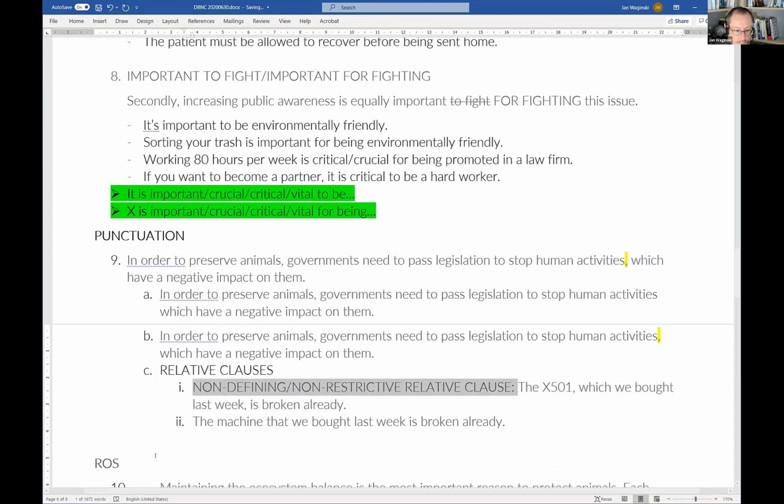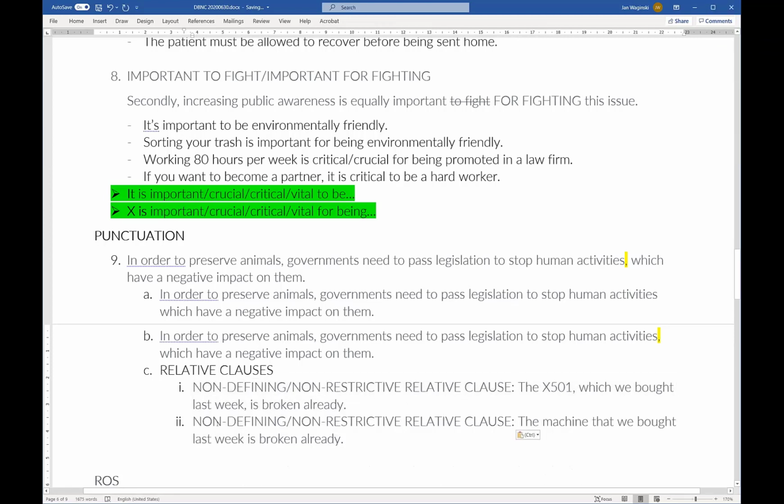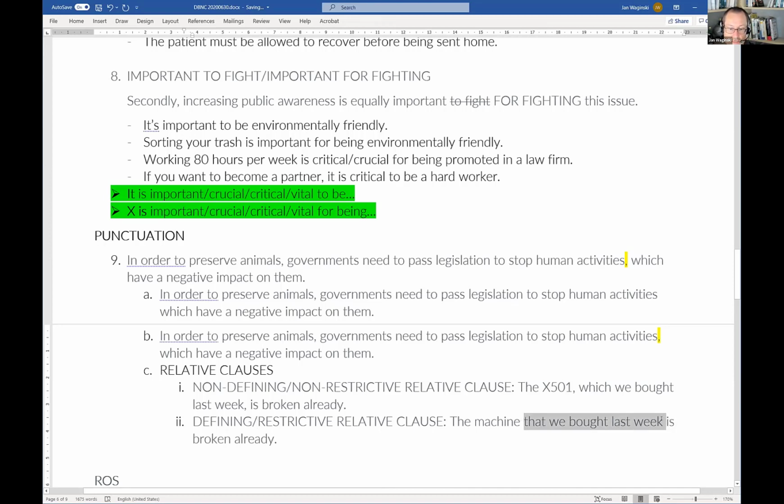The second example is called a defining or restrictive relative clause because without this piece of information, do we know what machine we're talking about? No. We have no idea.